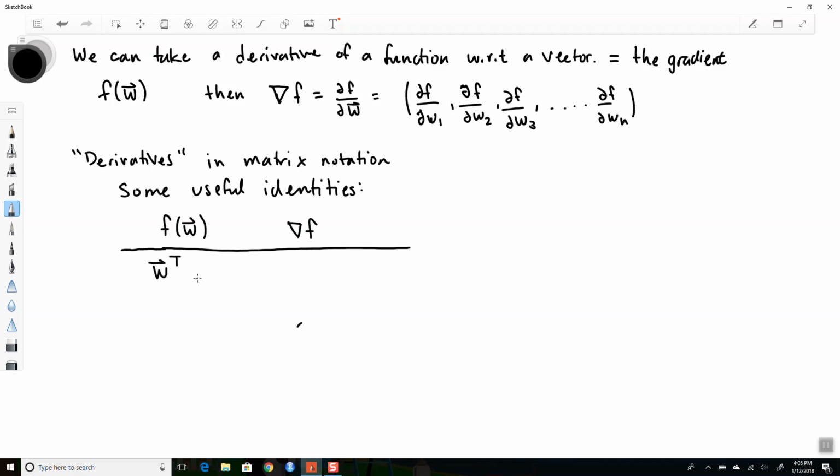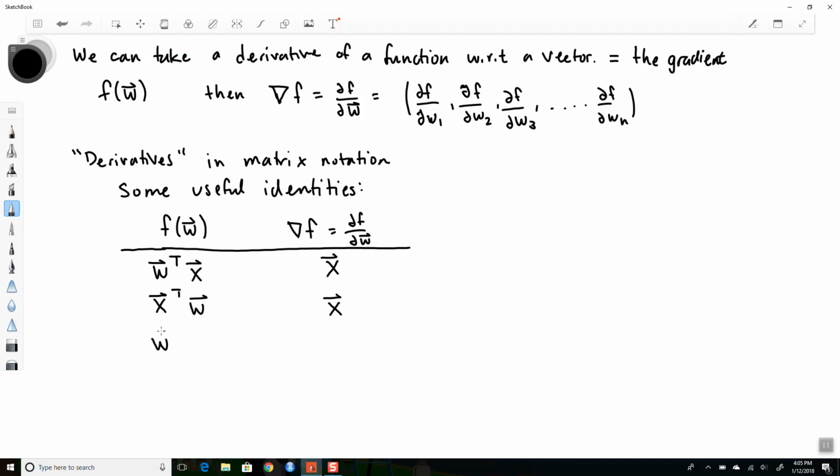If we have w transpose x, then the derivative of that with respect to w will be just x. If you have x transpose w, you also get x.